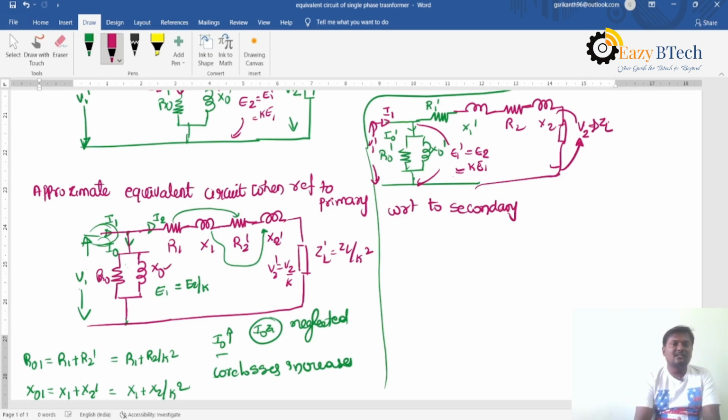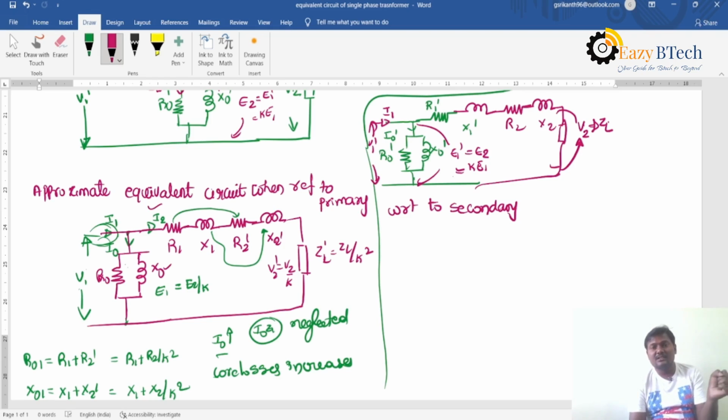R0 and X0 are the fixed parameters. That means the no load branch is the same. The current which flows through the primary winding and the current which flows through the secondary winding, both are variable. Because the load current changes, I2 also changes.